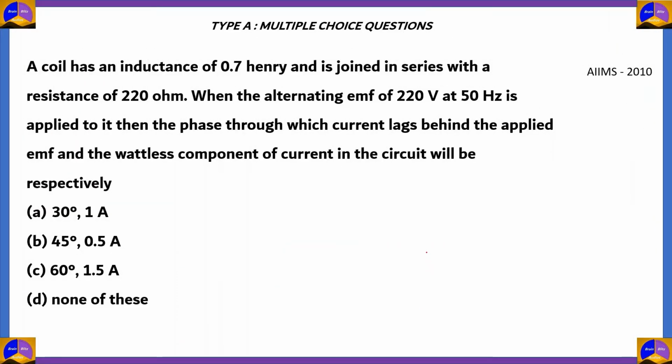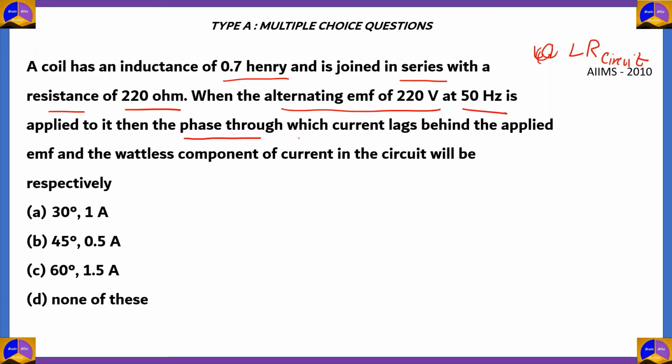Next question. A coil has an inductance of 0.7 Henry and it is joined in series with a resistance of 220 ohms. So therefore we have an LR circuit. When the alternating EMF of 220 volts at 50 hertz is applied to it, then the phase through which current lags behind the applied EMF and the Wattless component of current will be respectively.